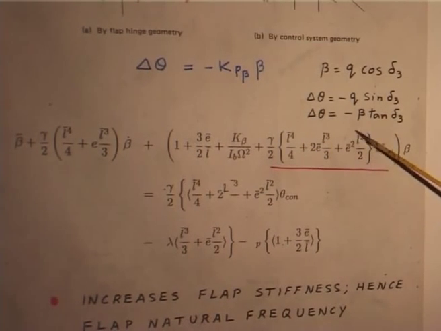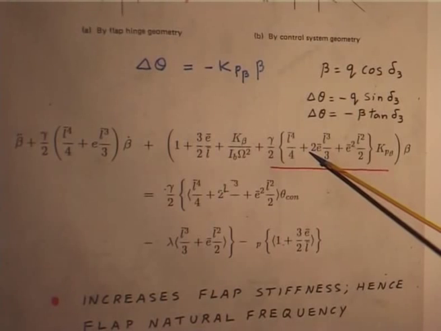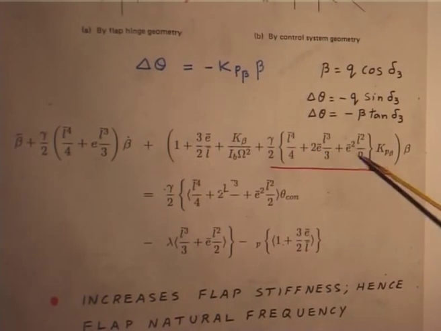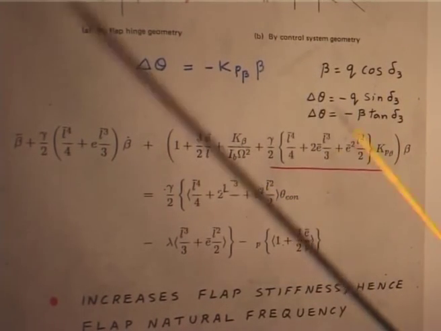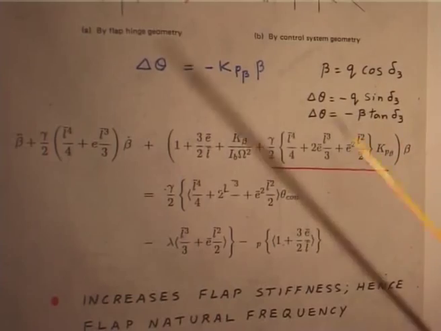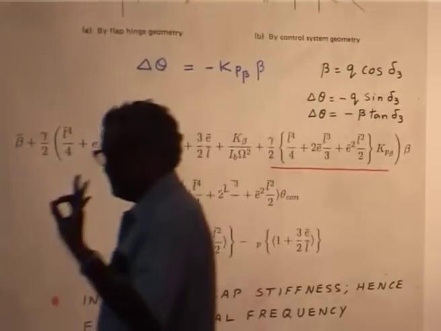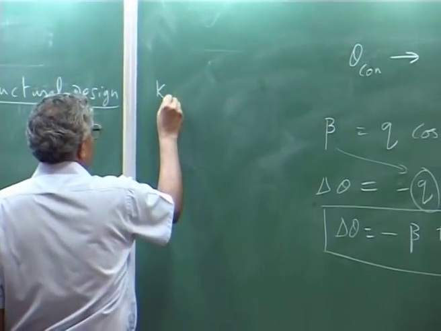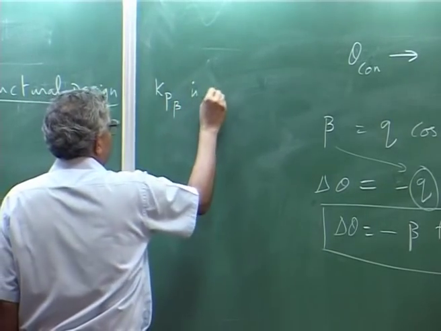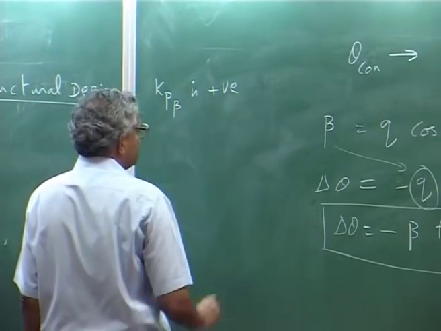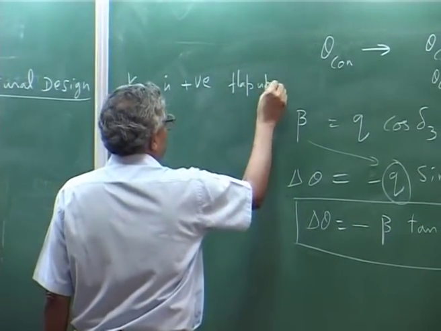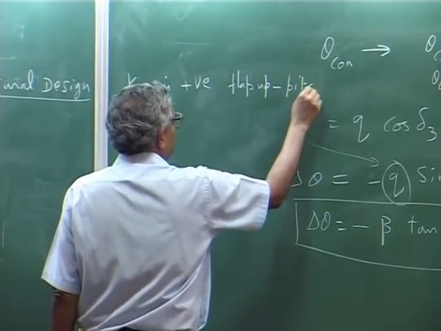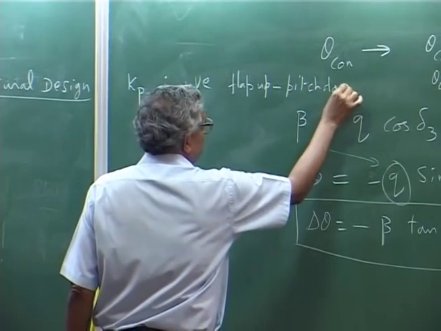This is the additional stiffness term which comes because of pitch flap coupling. If this is positive, please understand, positive pitch flap coupling means Kp beta is positive, that means flap up, pitch down. This is the convention.